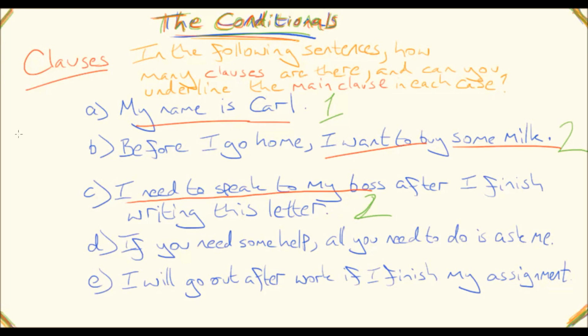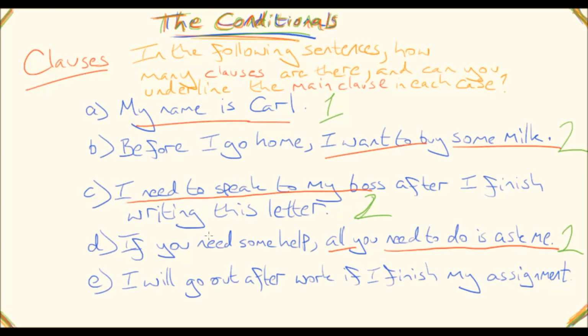In the fourth sentence, if you need some help, all you need to do is ask me. Number of clauses? Two clauses. Any ideas about the main clause? Yep, all you need to do is ask me.